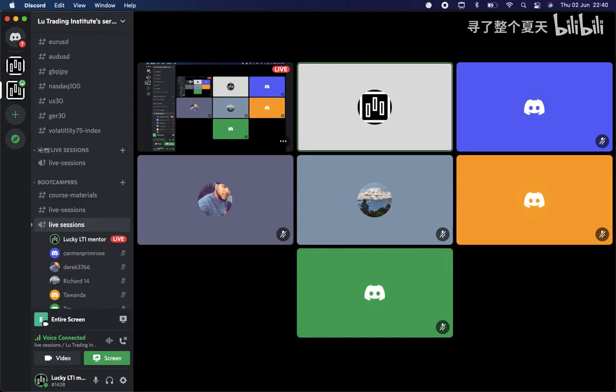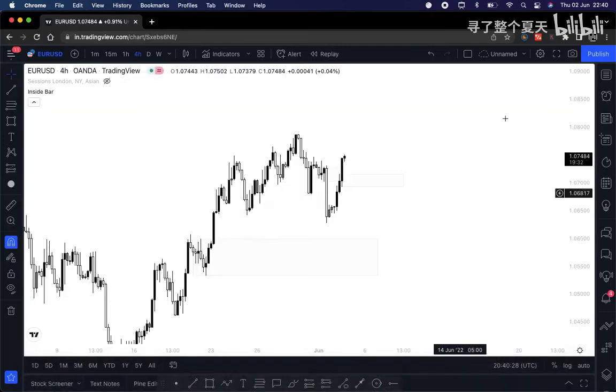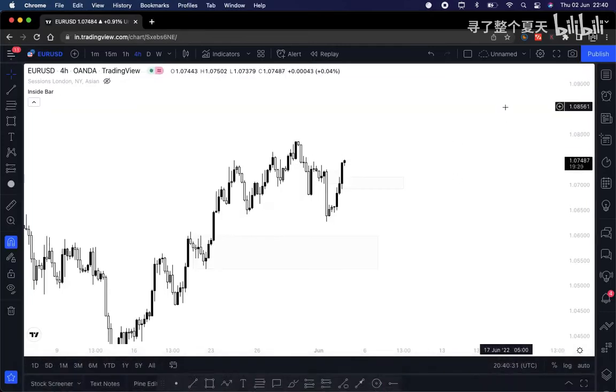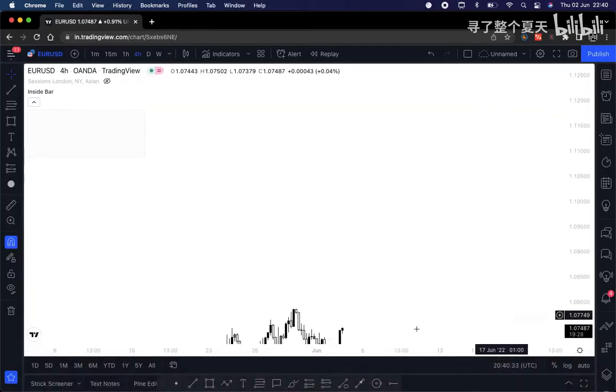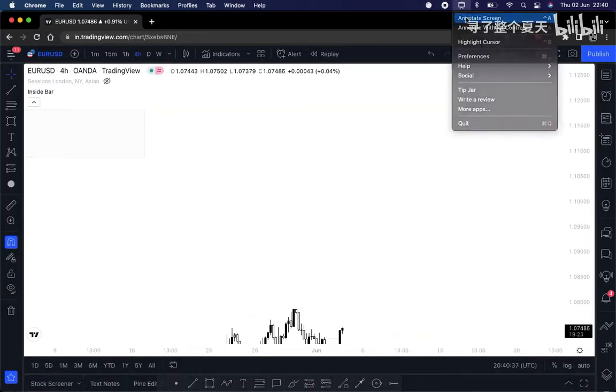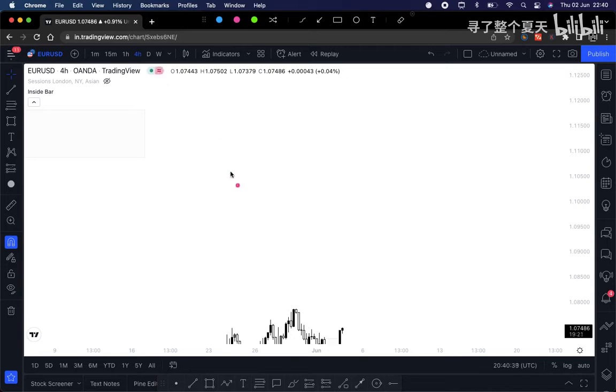I know that when a pullback ends, I'm using the change in trend as a signal that the trend has ended, that the pullback has ended, right? So let's say pullback, right? I don't have to wait for price to come back to an area of significance.